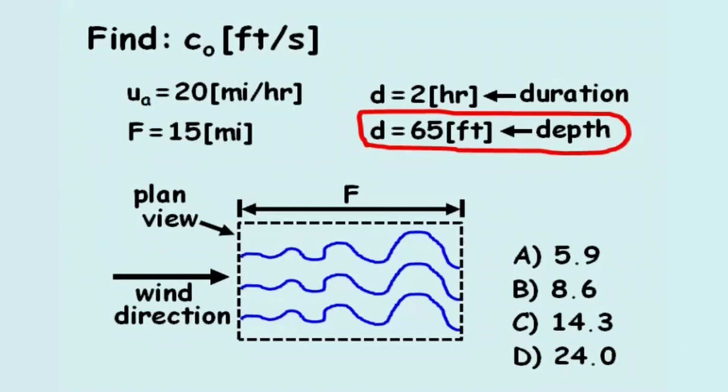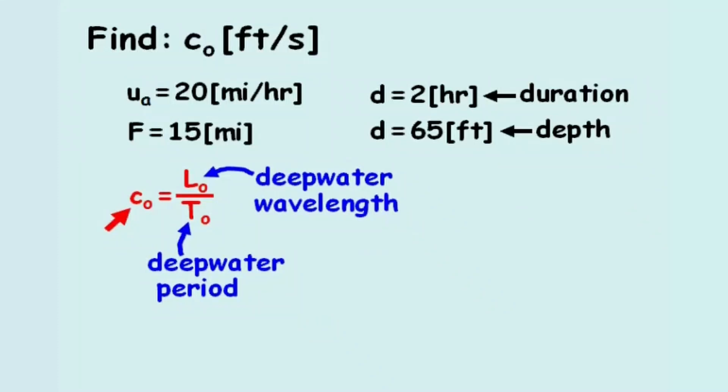The deep water wave celerity, C0, equals the deep water wavelength, L0, divided by the deep water wave period, T0. The deep water wavelength, L0, equals g times t squared divided by 2 pi. The variable t refers to the deep water period, T0.